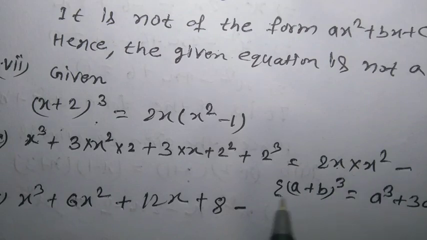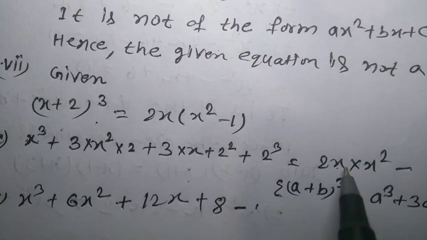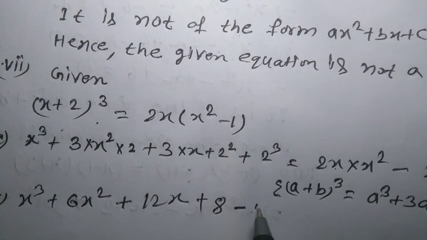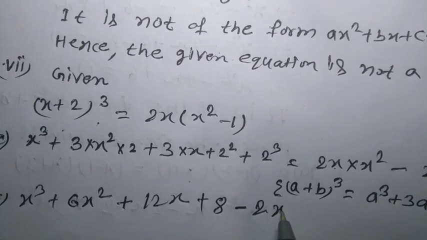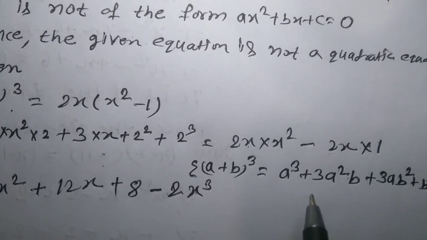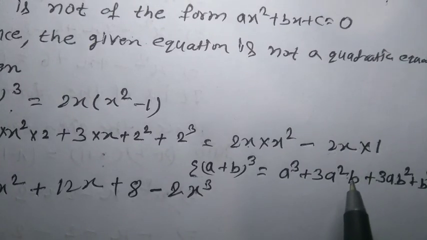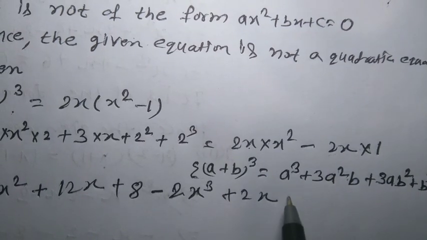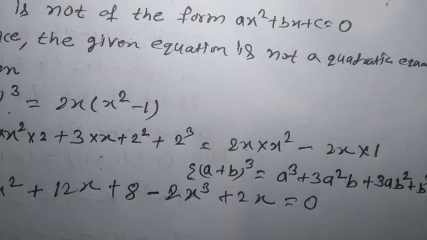Then 2x cube goes to the other side, and 2x goes to the other side, then plus 2x is equal to 0.